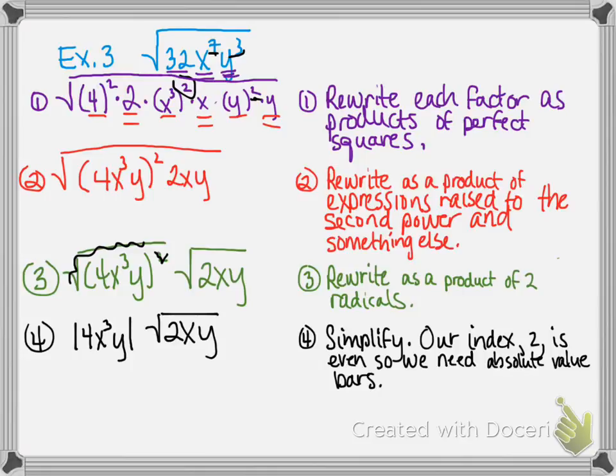Now in this, 4 is a positive integer. It's always going to be positive, so I can technically take this out of the absolute value bars. But the x cubed and the y could both end up being negative numbers, so I need to keep them underneath the absolute value bars. So 4 times the absolute value of x cubed y, times the radical of 2xy, is my answer.